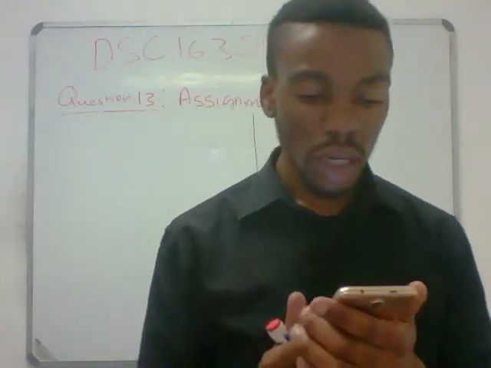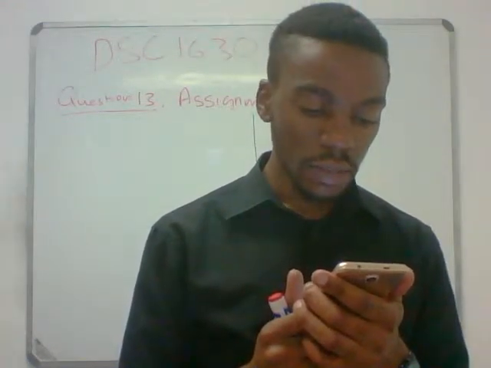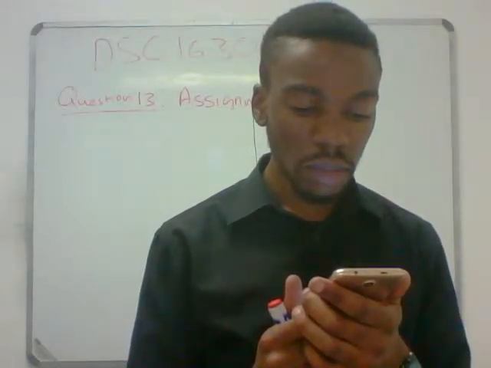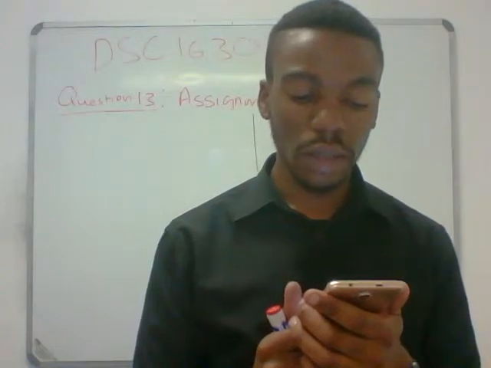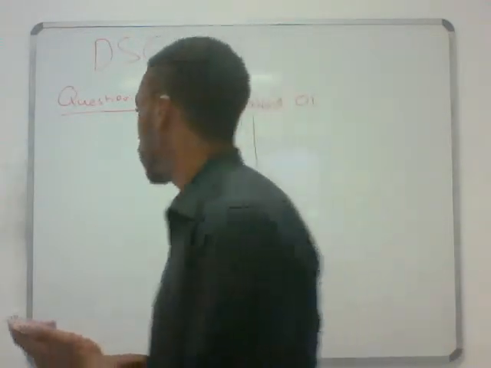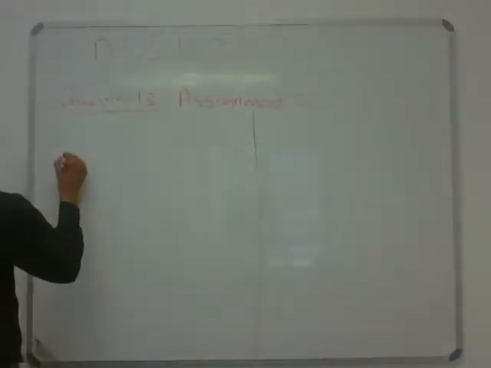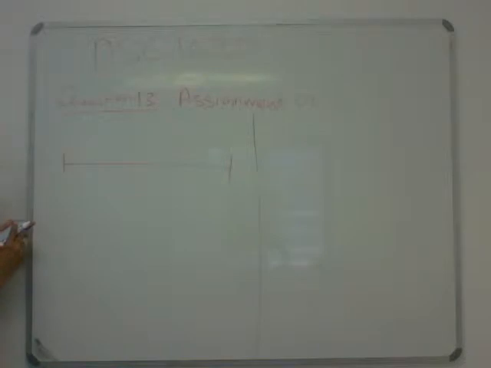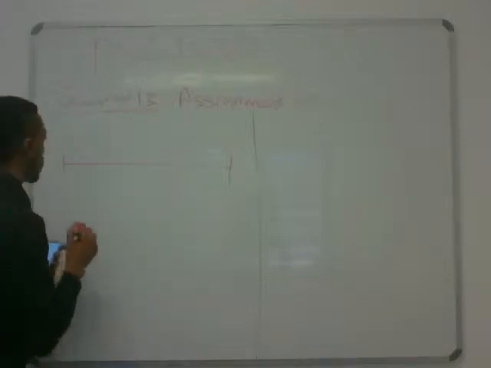Okay, so question 13 says, if money is worth 12% per annum compounded monthly, how long will it take for the principal to become 4 times its original value? Now it's a timeline diagram.